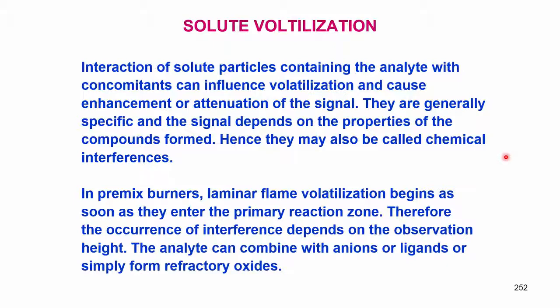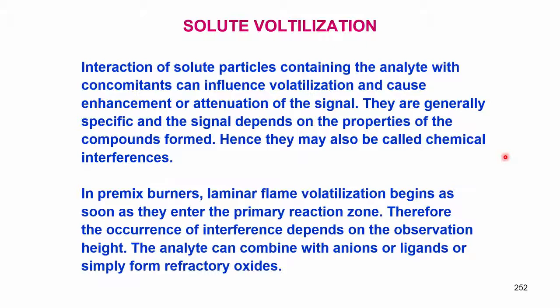So, in solute volatilization, what happens? Interaction of solute particles containing the analyte, that is copper chloride, cobalt nitrate, or whatever it is we want to estimate, with the other concomitants can influence volatilization and cause enhancement or attenuation of the signal.